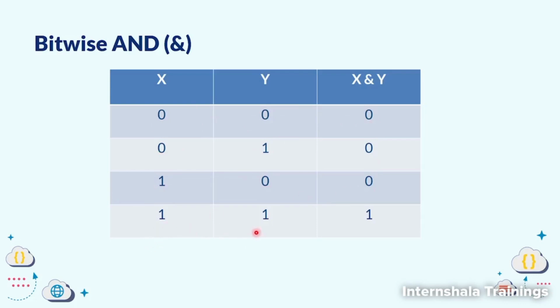And finally, if both the bits are 1, we are getting the resultant bit as 1. So we can conclude that in bitwise AND operation, X bitwise AND Y, we will get the resultant bit as 0 if even any one bit is 0, and if both bits are 0, definitely 0. But we will get the resultant bit as 1 only if both the corresponding bits of X and Y are 1. So this is how the bitwise AND operator works.